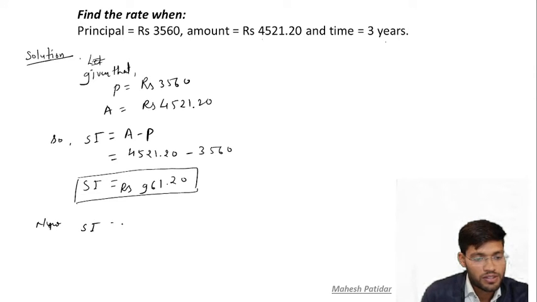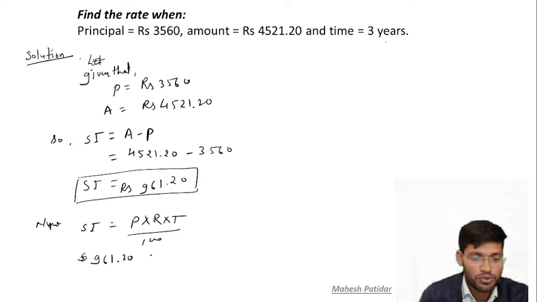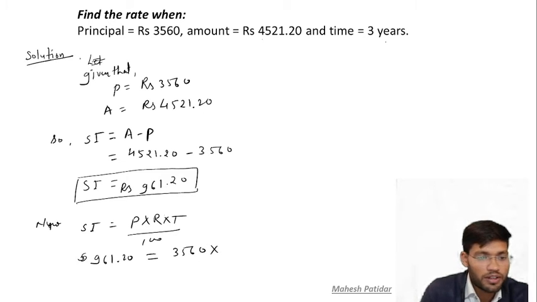Now SI is equal to principal multiplied by rate multiplied by time upon 100. So SI 961.20 is equal to principal, 3560, into rate. We have to calculate the rate percentage.